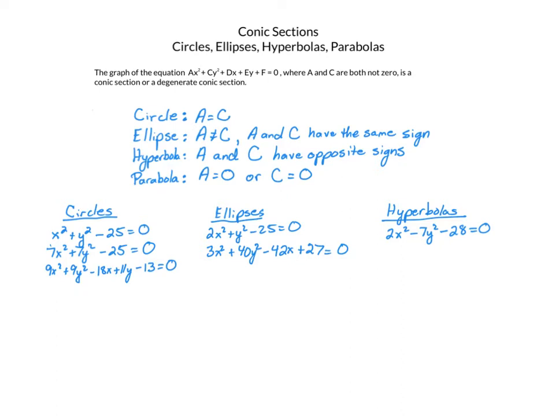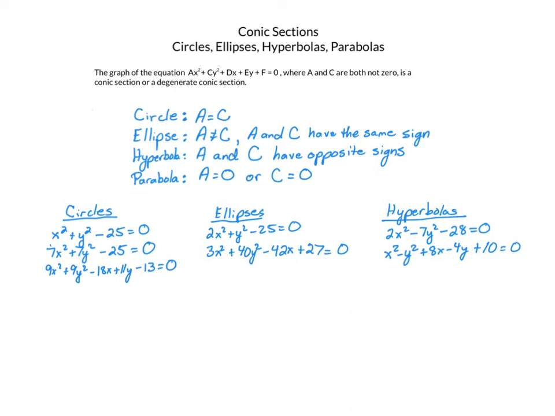Or how about this equation? x squared minus y squared plus 8x minus 4y plus 10 equals 0. You'll notice the coefficients of x squared and y squared are 1 and negative 1. They are opposite signs, so we would expect the graph of that equation to look like a hyperbola.